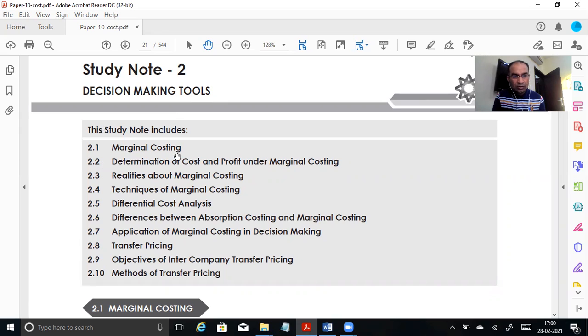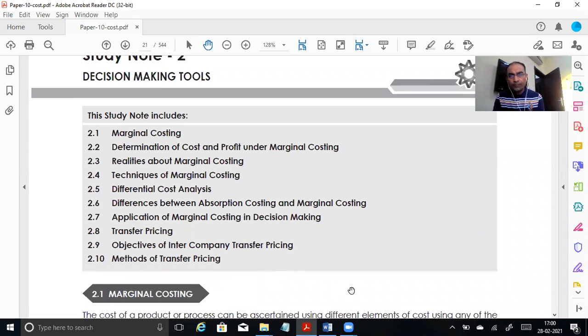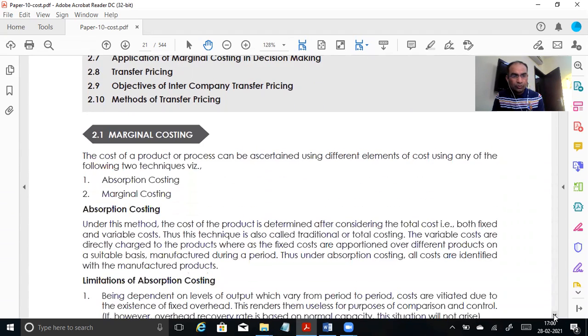First one is marginal costing, determination of cost and profit under marginal costing, reality about marginal costing, techniques of marginal costing, differential cost analysis, difference between absorption costing and marginal costing, application of marginal costing in decision making, transfer pricing, objectives of intercompany transfer pricing, methods of transfer pricing. So let us see one by one what is this all about.